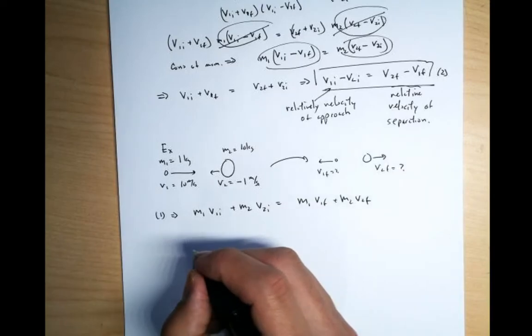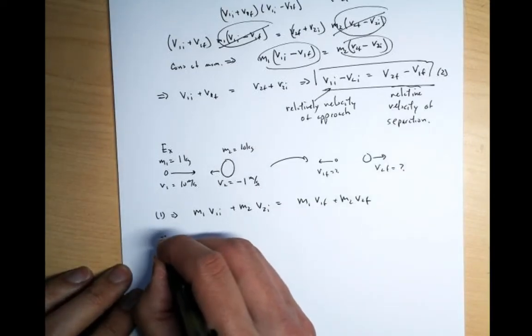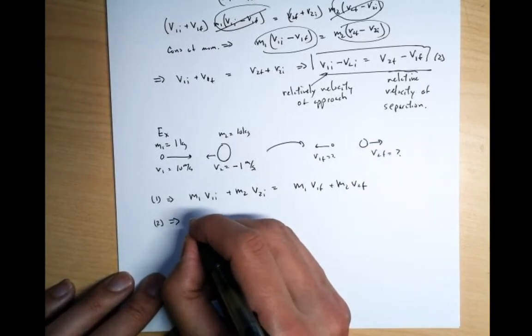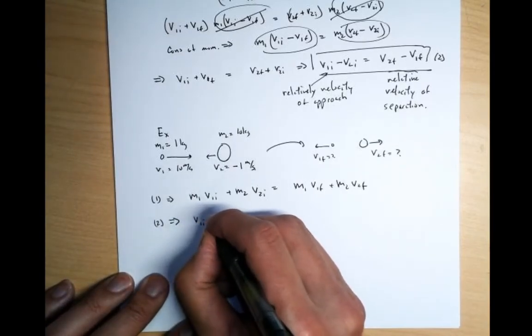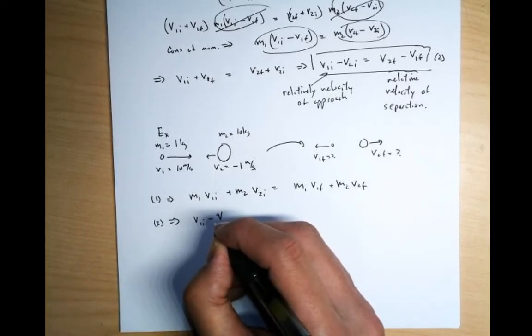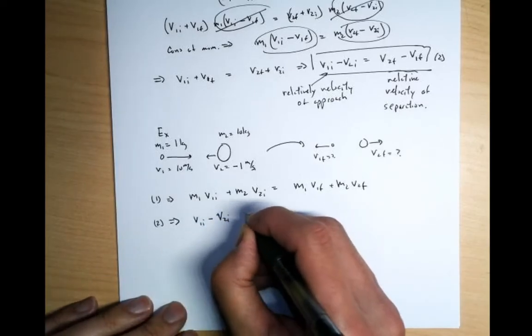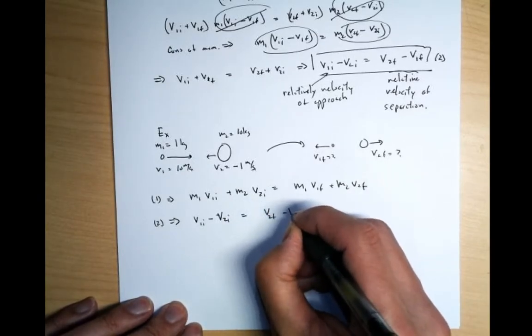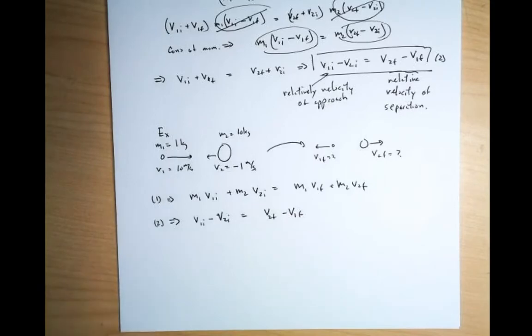And equation 2 implies V1I minus V2I is equal to V2F minus V1F. So we'll pick which one to solve and take it from there.